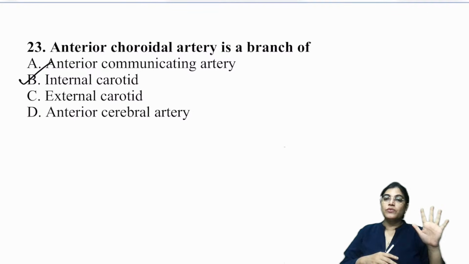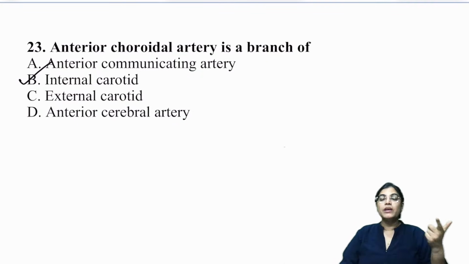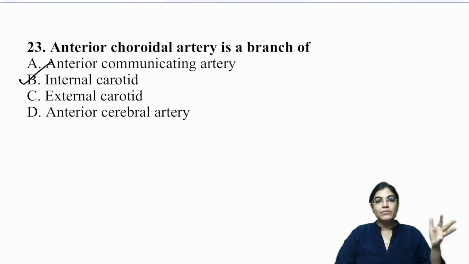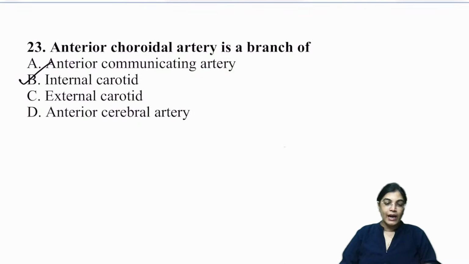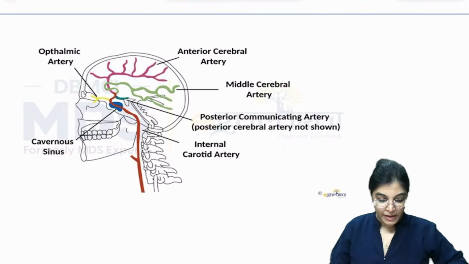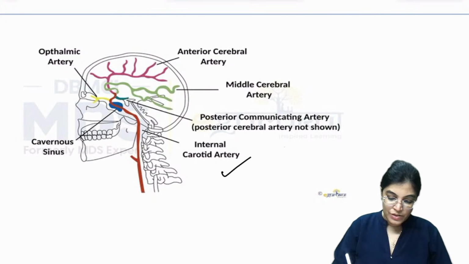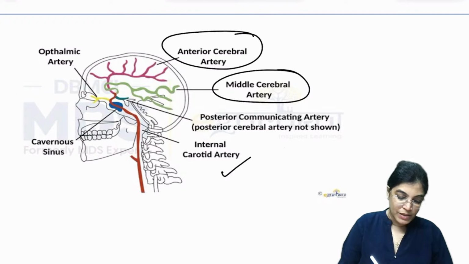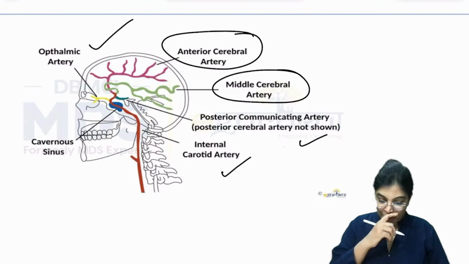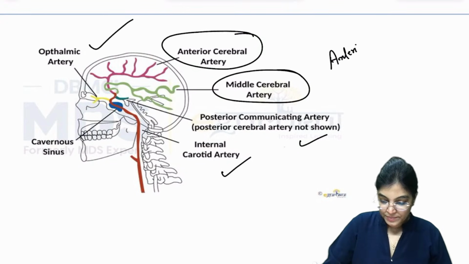The 5 branches of the internal carotid artery are the posterior communicating artery, ophthalmic artery, middle cerebral artery, anterior cerebral artery, and anterior choroidal artery. Here you can see the branches of the internal carotid artery: middle cerebral, anterior cerebral, ophthalmic, posterior communicating artery, and also it gives the anterior choroidal artery.